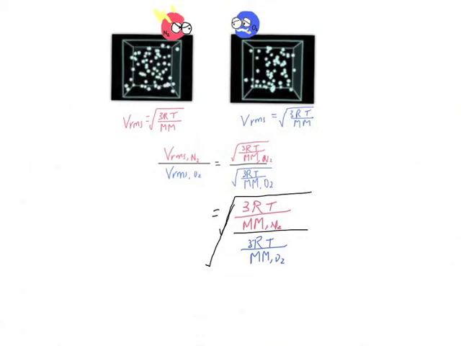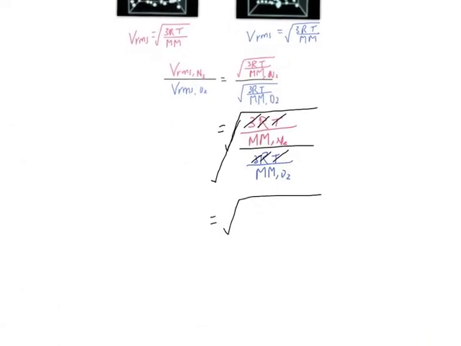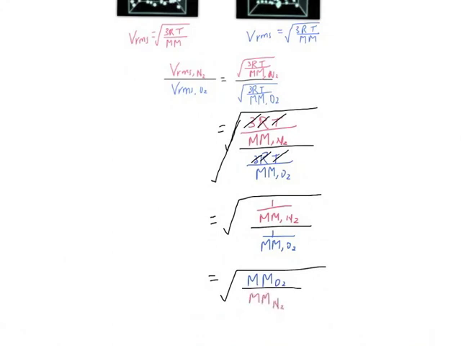Oh, by the way, that is the molar mass for N2 and that's the molar mass for O2, in case you don't know that. Wow! So we've gotten rid of all the variables except for the molar masses. And now the ratio of the root mean square speeds of both of these is actually the square root of the ratio between the molar masses of them. Well, inversed, if you notice. The blue and the red have inversed.